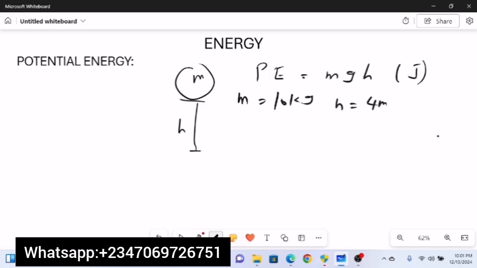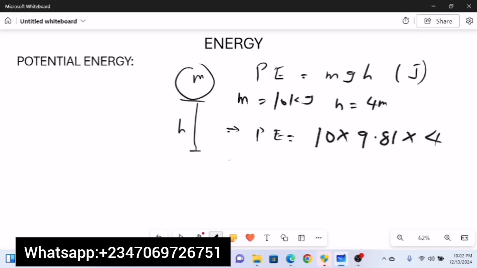See, this simply means that potential energy is going to be equal to the mass of the object, which is 10 kg, so you have 10 multiplied by the gravity. The gravitational acceleration is a constant value of 9.81, multiplied by the height of the object, which is 4.